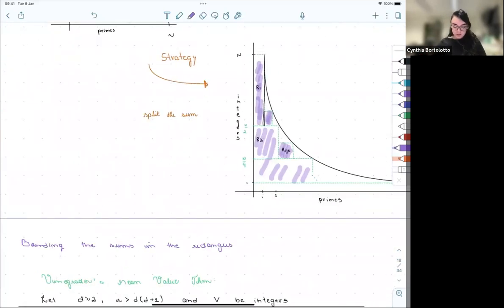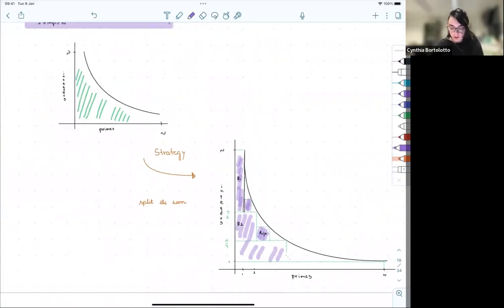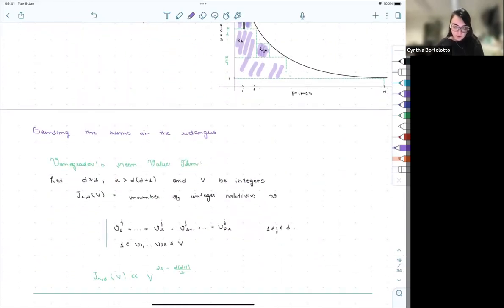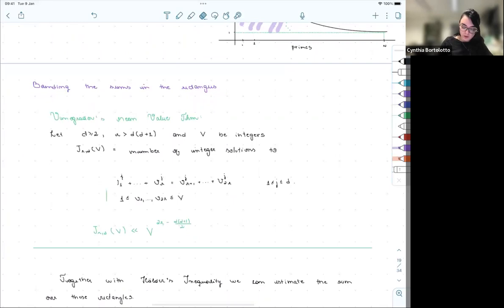The idea is that we analyze the sum over the rectangles so we can exploit the oscillation more. Afterwards, we just sum up and use that they are disjoint. For each rectangle, the way we bound the sums is using a lot of Hölder together with Vinogradov's mean value theorem, which counts how many integer solutions we have to this system of equations.